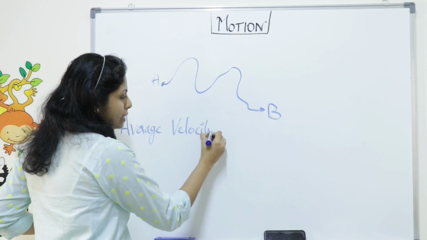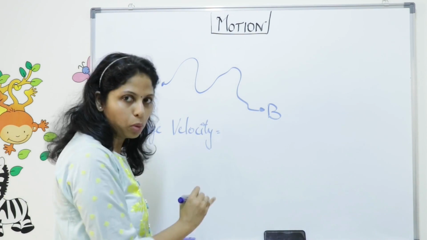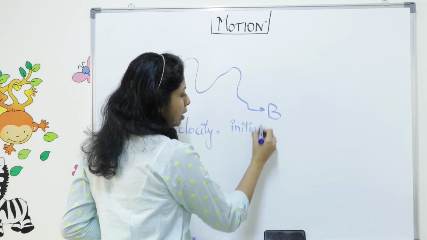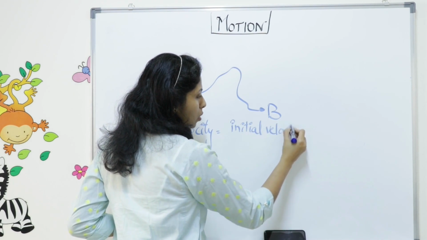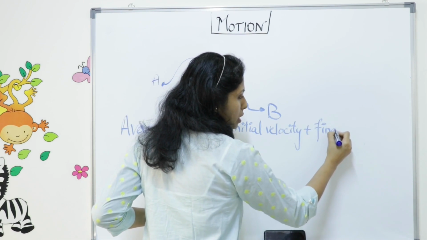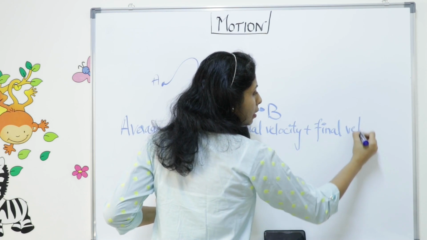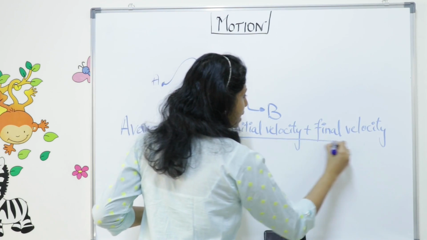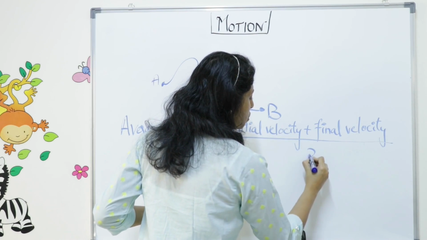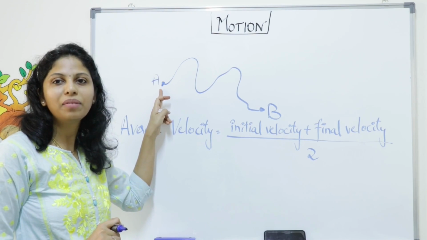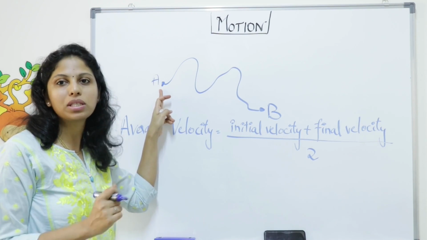The formula is average velocity is equal to initial velocity plus final velocity divided by 2.